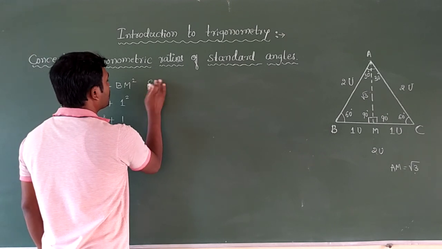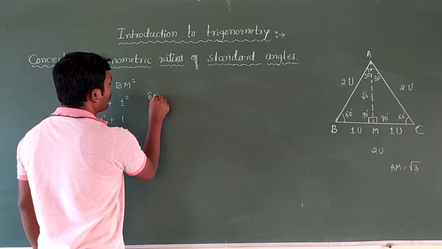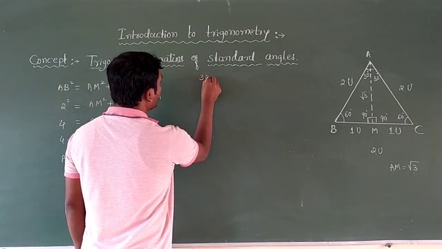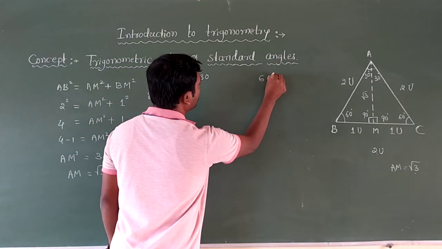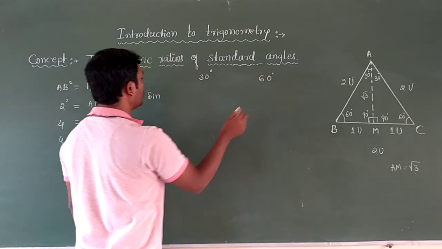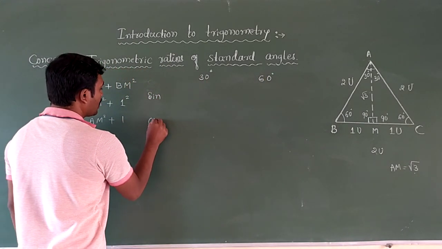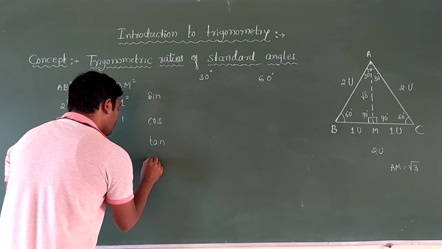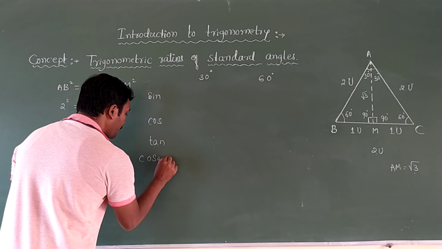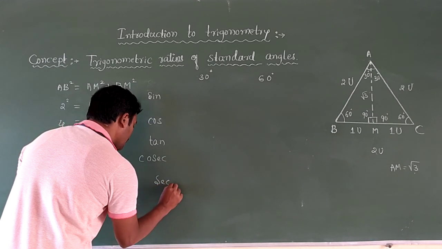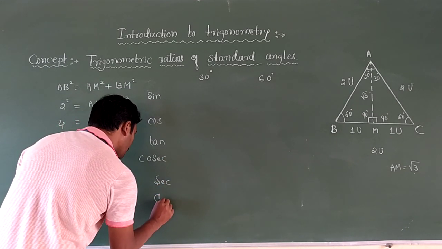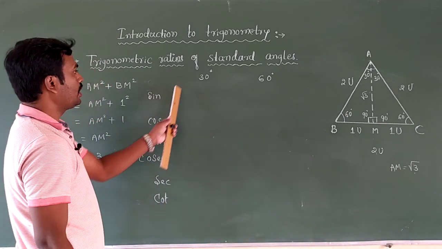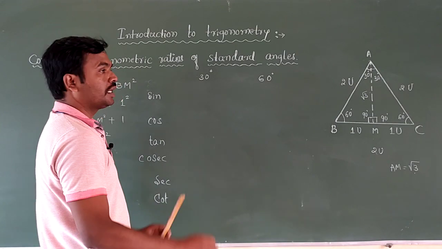We will write both together, 30 degree and 60 degree: sin, cos, tan, cosec, sec, cot.